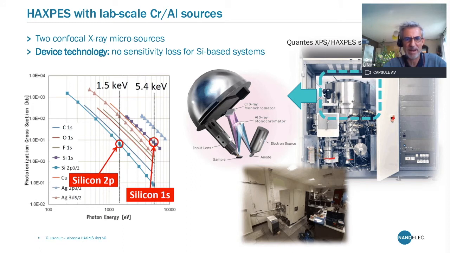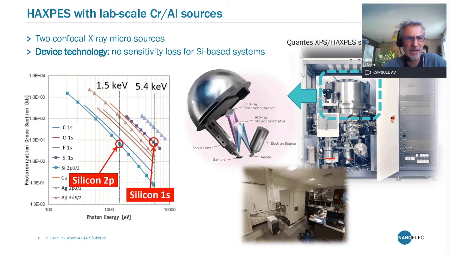So now I think my next slide is more about the instrument we've started to implement at PFNC. It is an instrument commercialized by Ulvac-Phi, which is a Japanese-American company. The instrument is called the Quantes, and it provides two X-ray irradiations: the conventional irradiation generated by an aluminum K-alpha target, and the hard X-ray source provided by a chromium target at 5.4 kilo-electron volts.